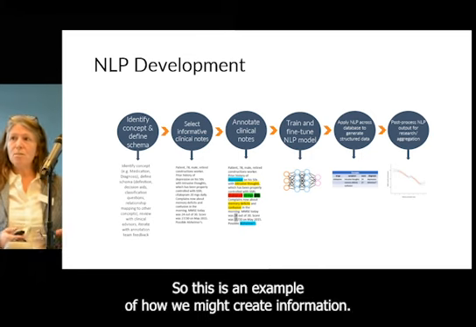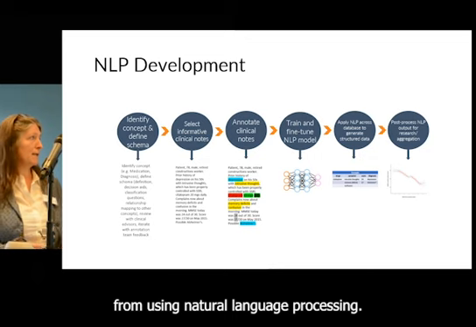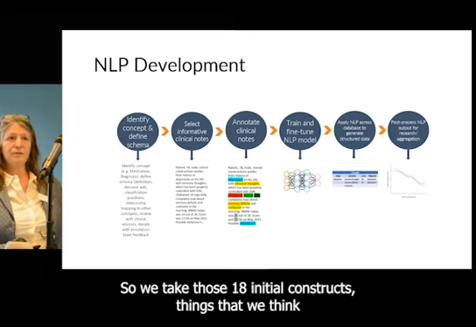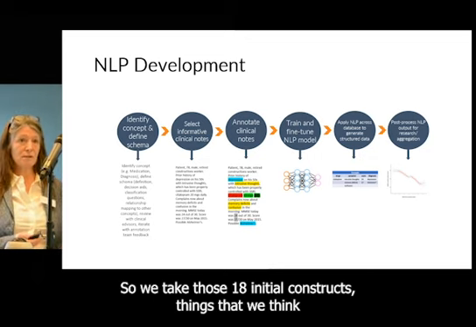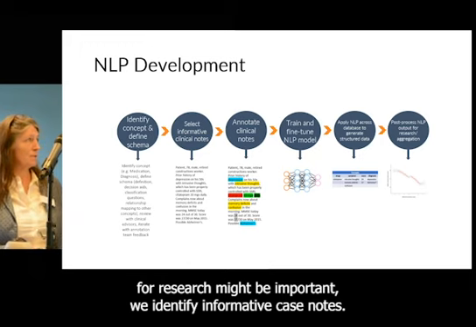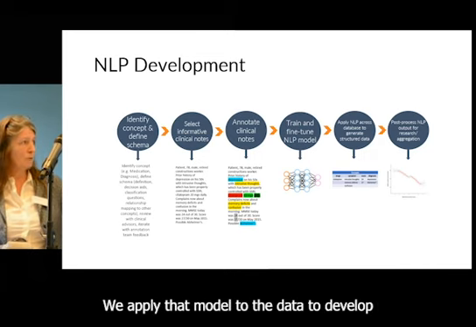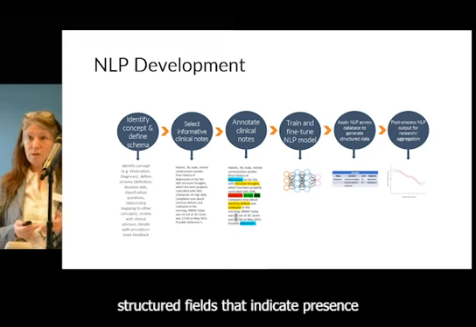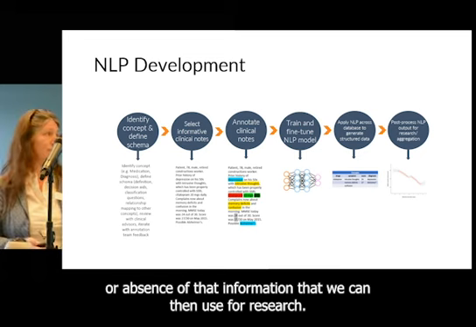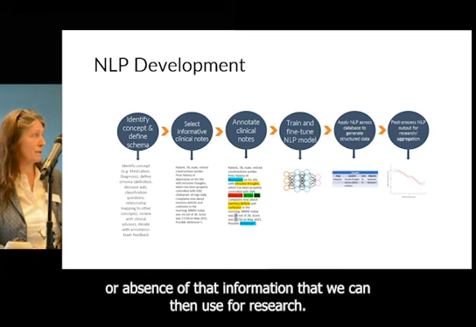So this is an example of how we might create information from using natural language processing. So we take those 14 initial constructs, things that we think from research might be important. We identify informative case notes, we annotate them, we fine-tune a model, we apply that model to the data to develop structured fields that indicate the presence or absence of that information that we can then use for research.